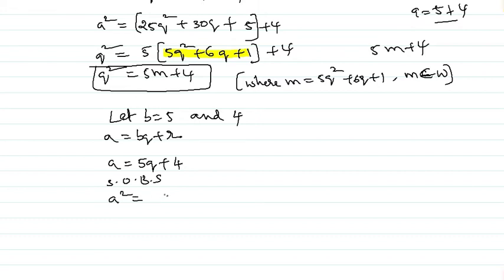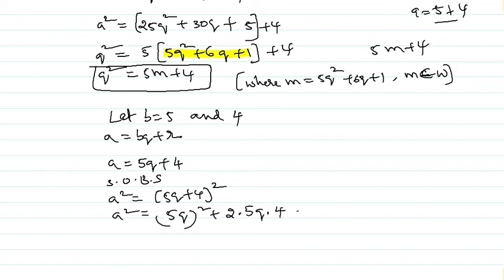So a square will become 5q plus 4 whole square. Now simplify by using the identity: a square, that is 5q square plus 2 into 5q into 4 plus 4 square. Now we can write 25q square plus 2 5s are 10, 10 4s are 40q, plus 4 4s are 16, that is a square.